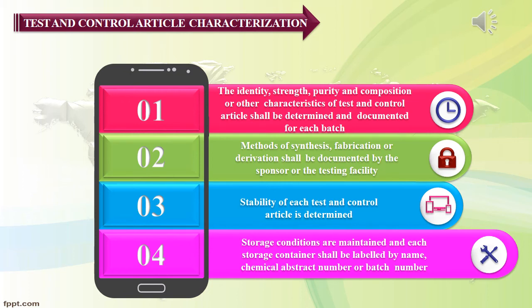Fourth one, storage conditions are maintained and each storage container shall be labeled by name, chemical abstract number, CAS number, and or batch number.